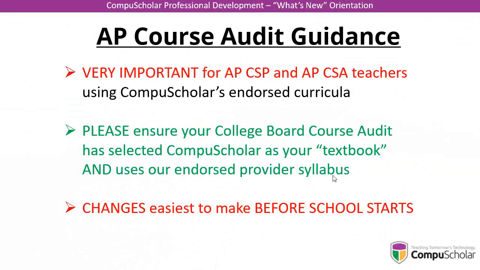If you have an old audit that doesn't accurately reflect the material you are using, simply delete it and start the audit process again, making sure to select the relevant CompuScholar options. You'll want to do this before school starts to avoid impacting your AP classroom setup. Please contact us if you need help with this process.